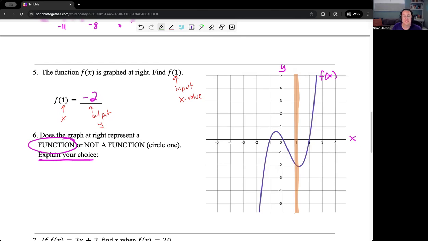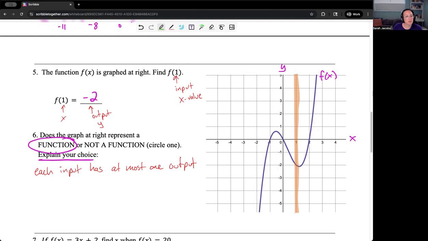The definition of a function is that each input has at most one output.